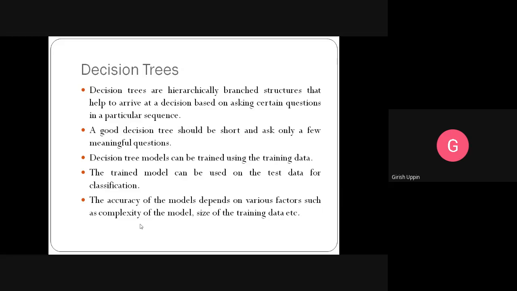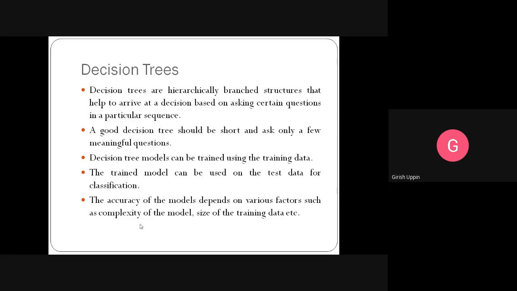That will be our training data, the input for building our model. Based on that training data, we will build the decision tree model, and depending on how accurate it is, it can be used for actual production usage.